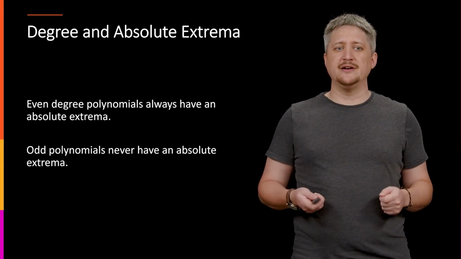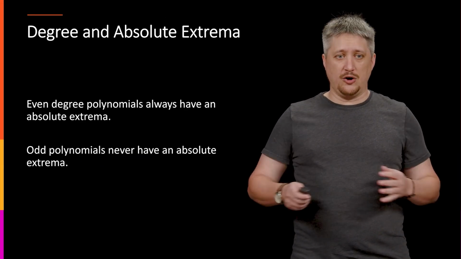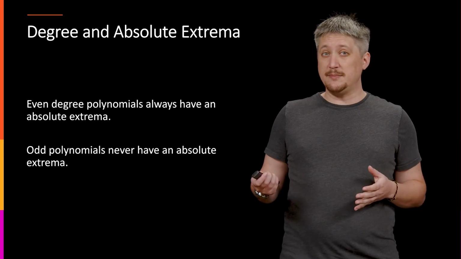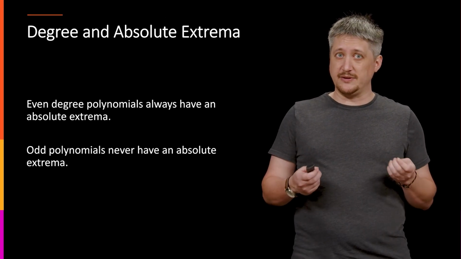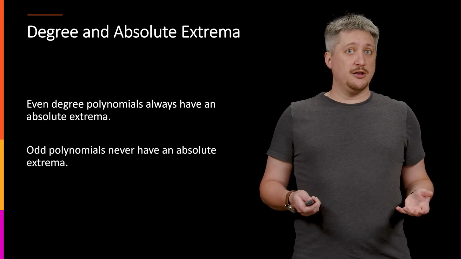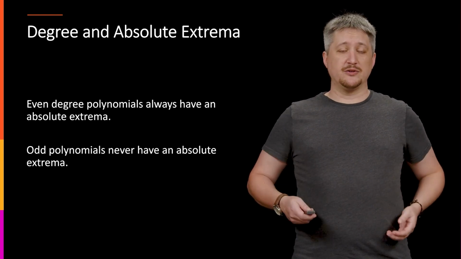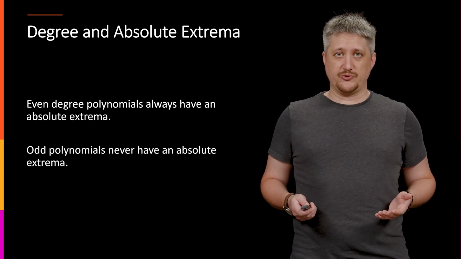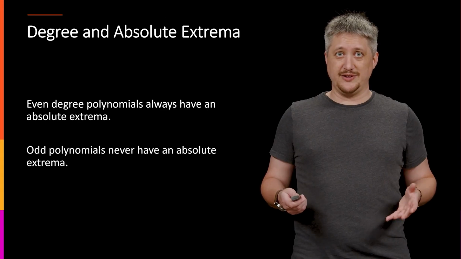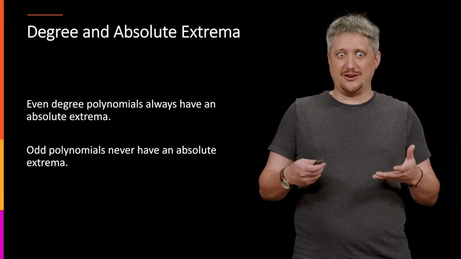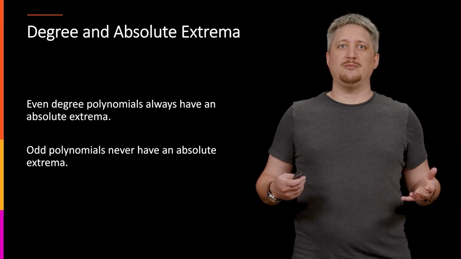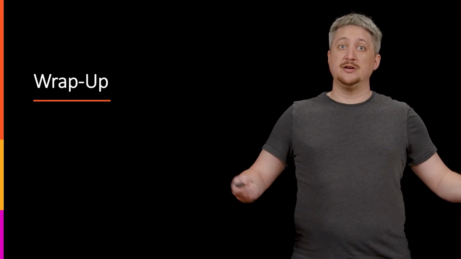So takeaway here, even degree polynomials always have an absolute extrema. Might be a maximum, might be a minimum. That depends on the leading coefficient. Odd polynomials, meaning odd degree polynomials, never have an absolute extrema. No matter what the leading coefficient is, as long as it's an actual odd polynomial, it won't have one, okay? So what do we do?